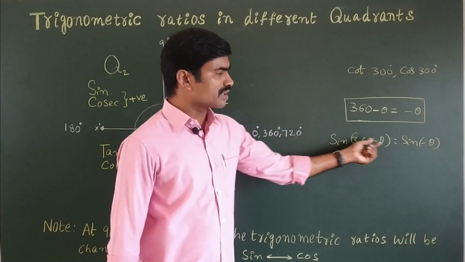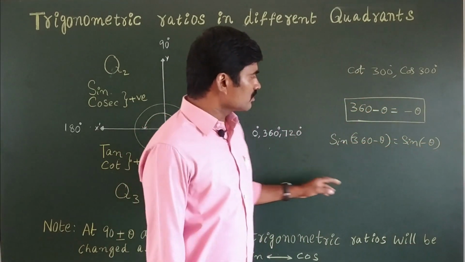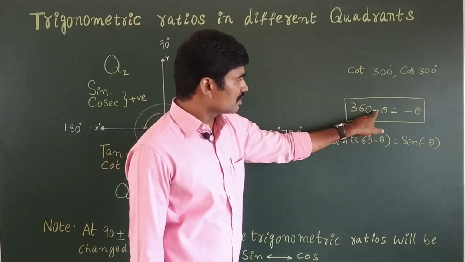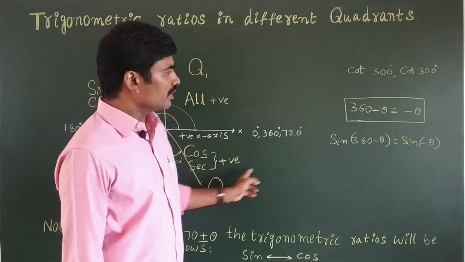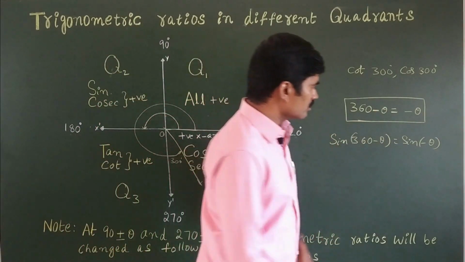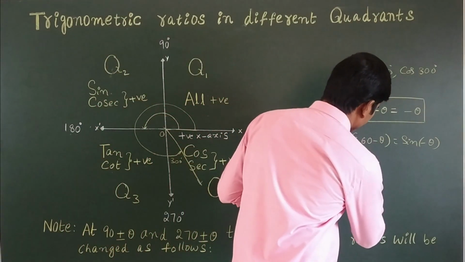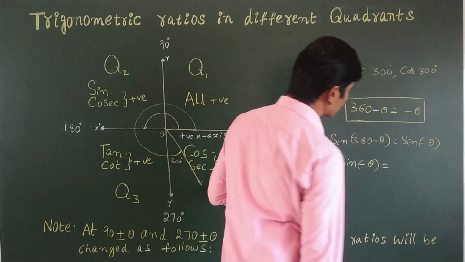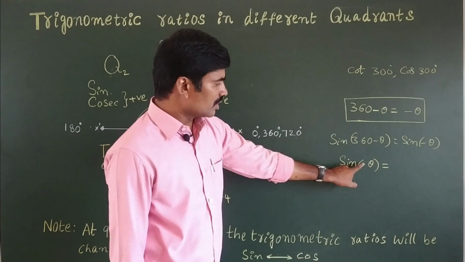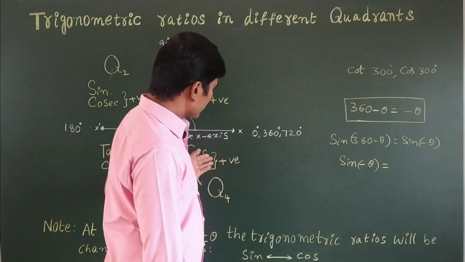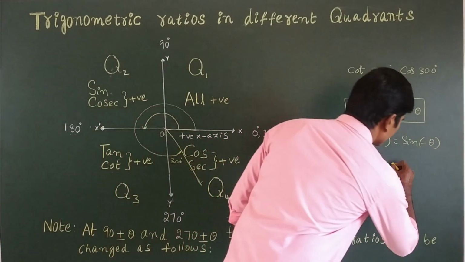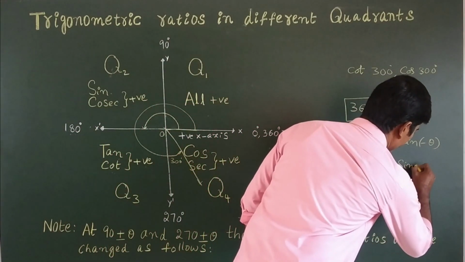These both values are same. 360 minus theta means it lies in Q4. In Q4 sin is negative. So sin of minus theta is equal to sin of 360 minus theta. In Q4 sin is negative, so this value is minus sin theta.